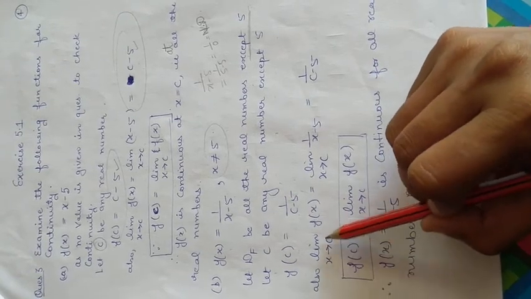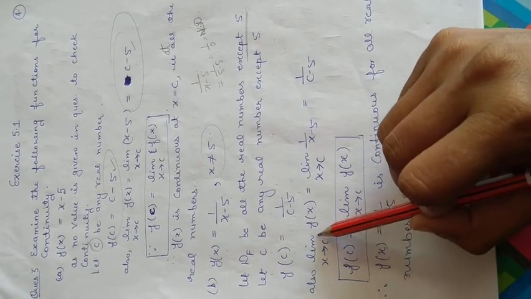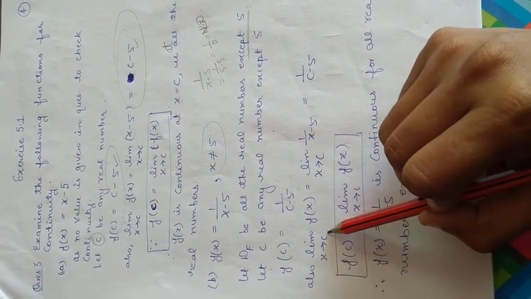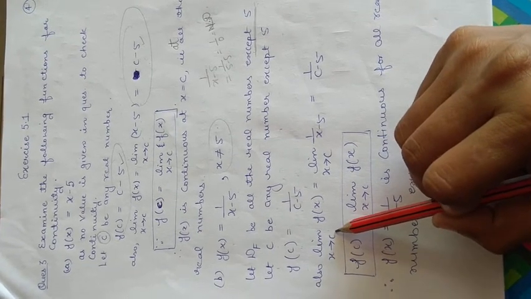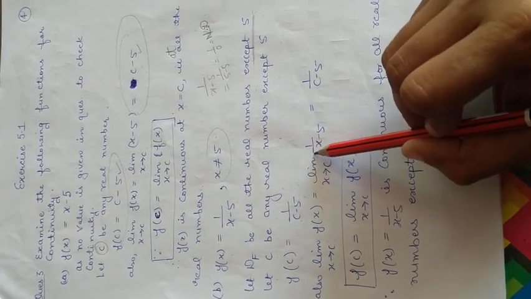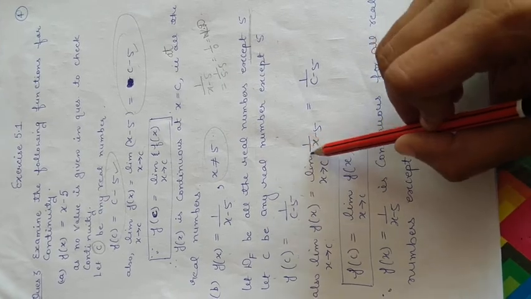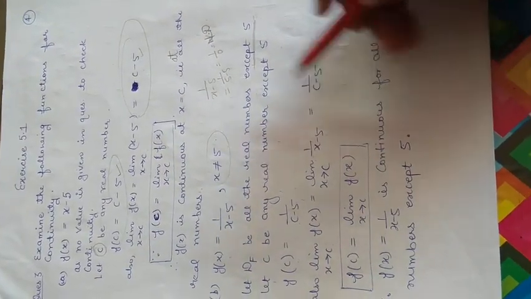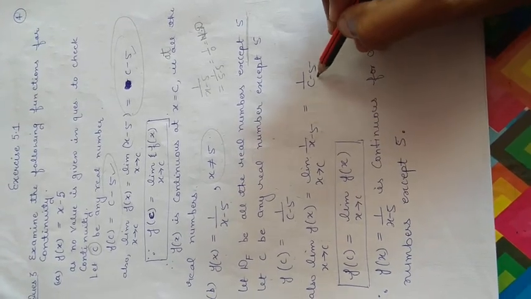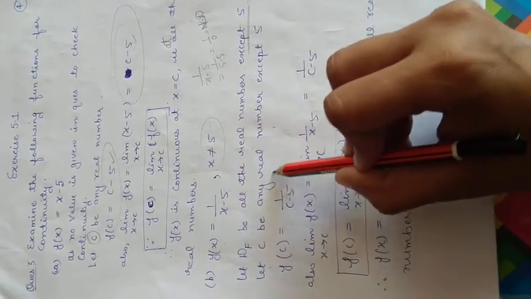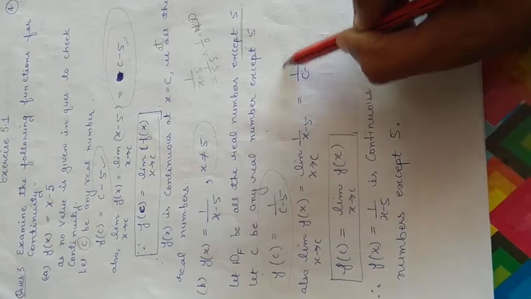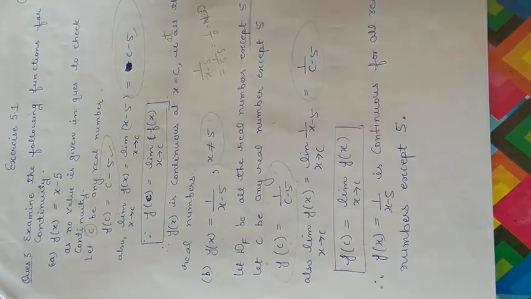Also when I find the limit of the function at x tends to c, what will I get बच्चे? I will get limit x tends to c of 1 upon x minus 5, that will be equal to 1 upon c minus 5. Now again you see this value and this value both are same.